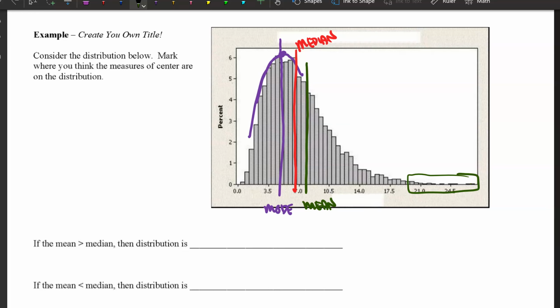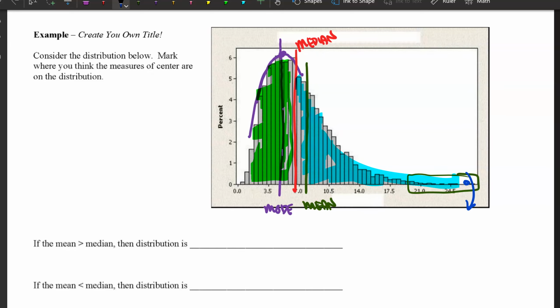Okay? The median can be thought of as dividing your data set into 50% areas. The median always cuts your data set into 50% areas, right? And the mean could be thought of as the balancing point. If you guys have taken physics, a data point over here is going to have more turning power.